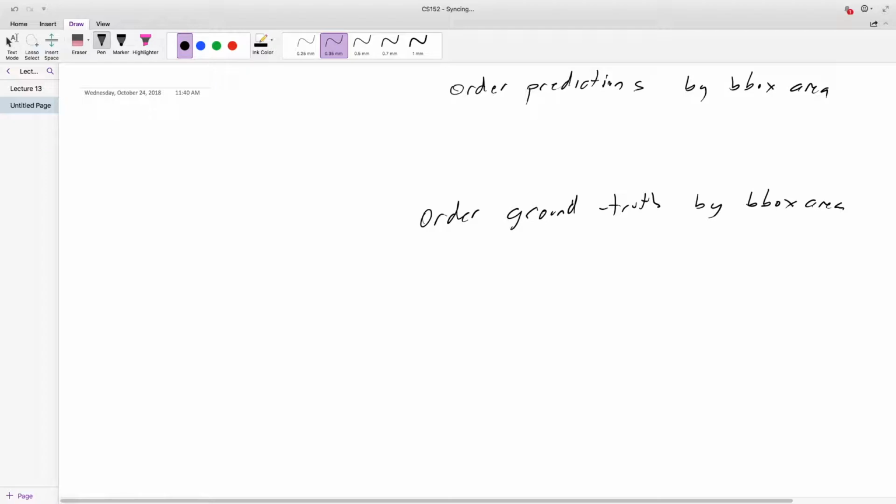Does it give us a way to do the mapping? Yeah, so we take the largest bounding box we're predicting, and the largest bounding box we want to predict, and we assign that to it. Okay. The problem is that our predictions are going to change over time, right?